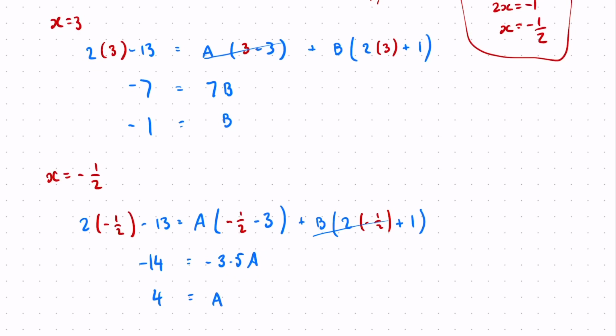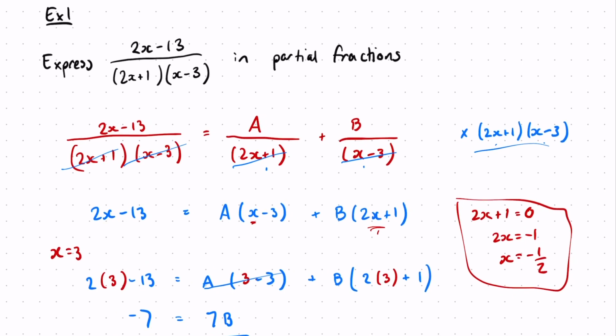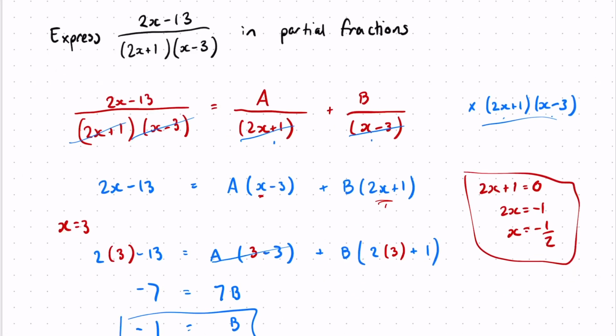Now I found my b and I found my a. I just need to go back to my original thing that I wrote up here and write 2x minus 13 over (2x plus 1)(x minus 3) in that form.